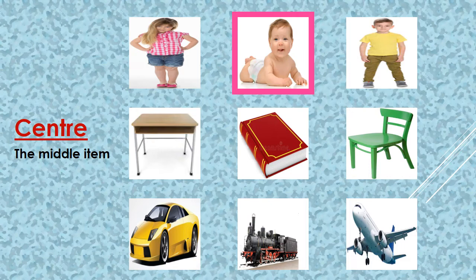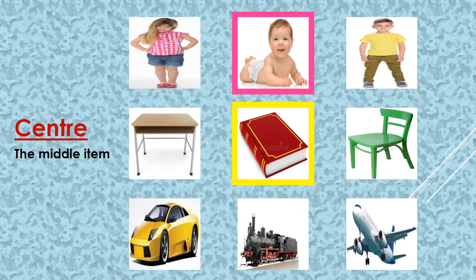Okay, next one. There's a desk, book, chair. Which one is the center picture? Yes, correct. Book. The middle picture is book.